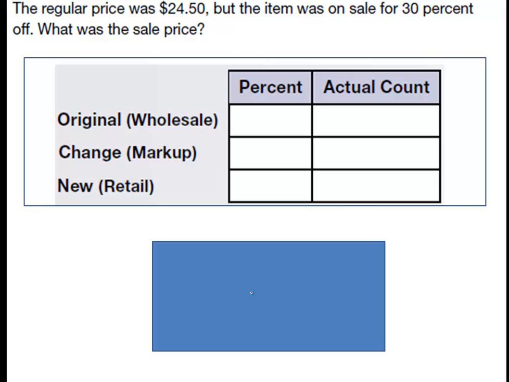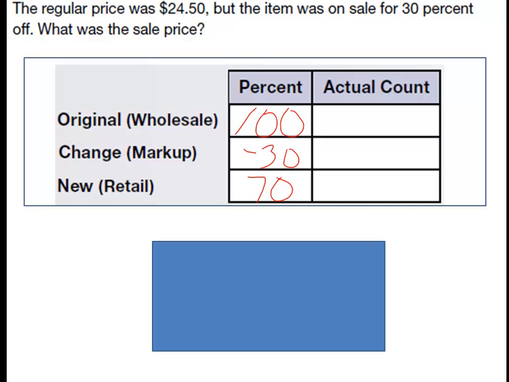Okay, let's see if you can do this one. Go ahead and pause it, see if you can do this one yourself. Did you put your 100 in here? All right, so the regular price was $24.50, but the item was on sale for 30% off. So that means that the new price was 70%. What was the sales price?